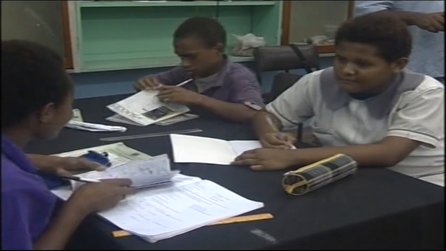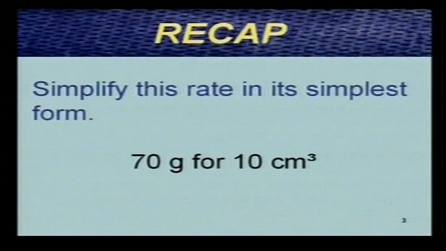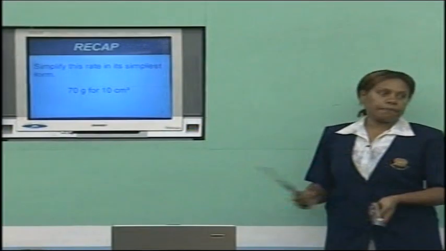Now the next recapping exercise, if you were to simplify this rate in its simplest form, 70 grams for 10 cubic centimeters, what will be the simplified rate or the fixed rate? How many grams per cubic centimeter? Receiving students? If you are to simplify this rate, how many grams will it be per cubic centimeter?